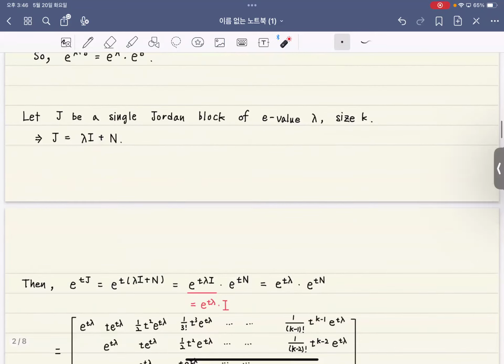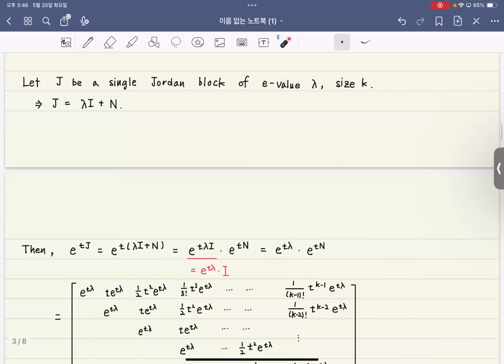Okay, and I want to compute the matrix exponential of J, e^(tJ). I am replacing this J by lambda I plus N. And you know, lambda I and the matrix N commute under matrix multiplication. Why?